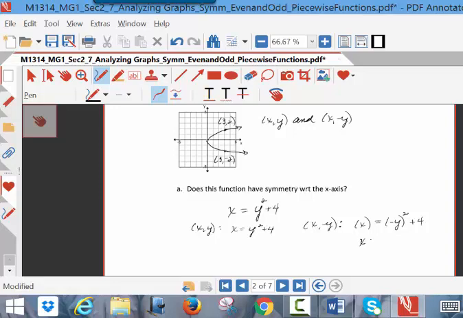Well, this becomes x equaling negative 1 squared is positive, so that's a positive y squared plus 4, and these are the same. And since they're the same, that means that both of those ordered pairs satisfy the equation. Therefore, yes, it does have symmetry with respect to the x-axis.